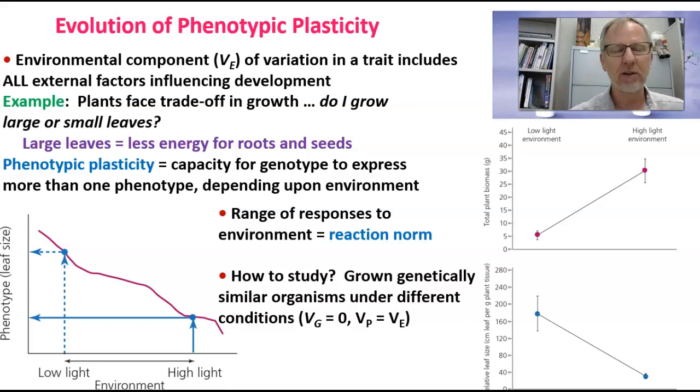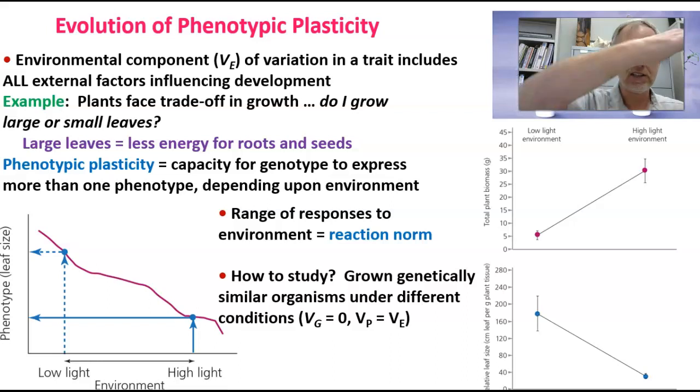So in this particular case, low light to high light. And then the phenotype that represents a response to those different light conditions on the y-axis. In this case, the phenotype that's being observed and documented is the leaf size.